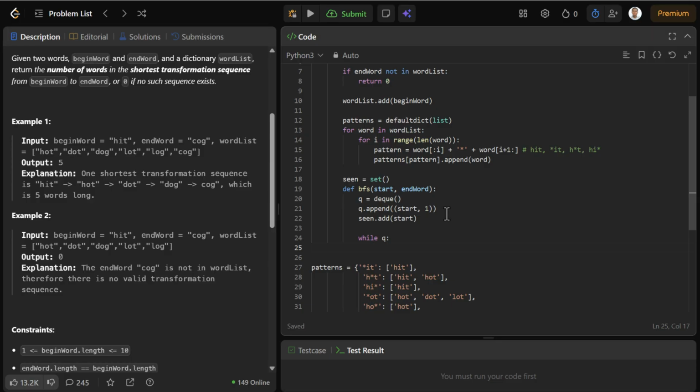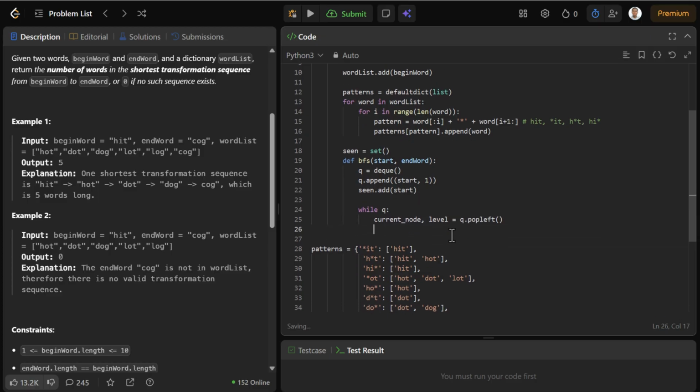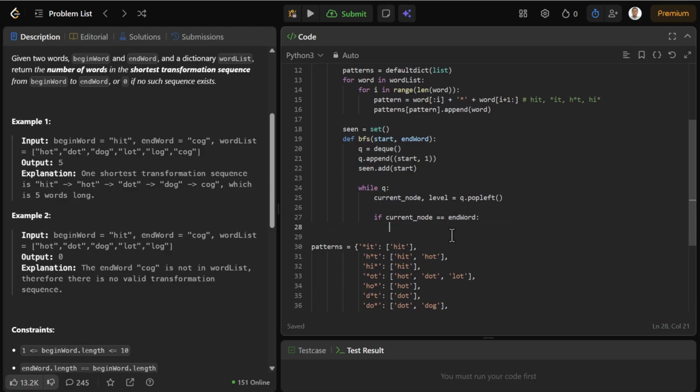That means we have the current node, and we also want to check the level. For example, if we are popping the first element here, the current node is going to be the start node, and the level is going to be 1. So we say q.popleft, and after that we check if the current node is the end word we are looking for. If that is the case, we can just return the level.